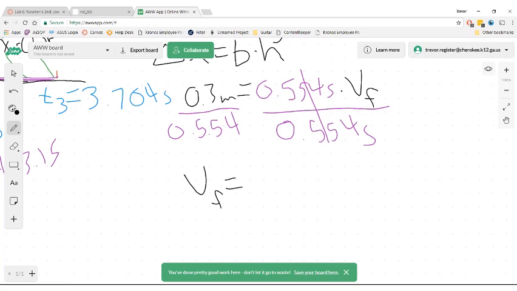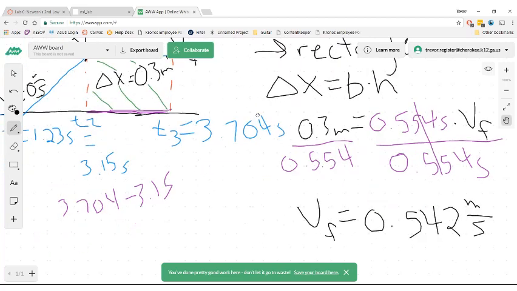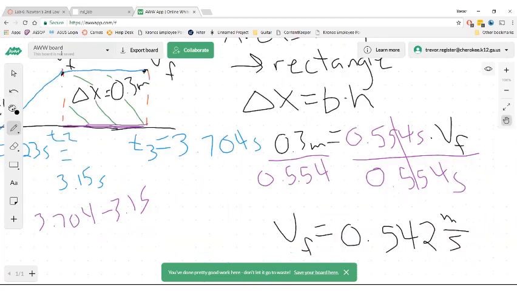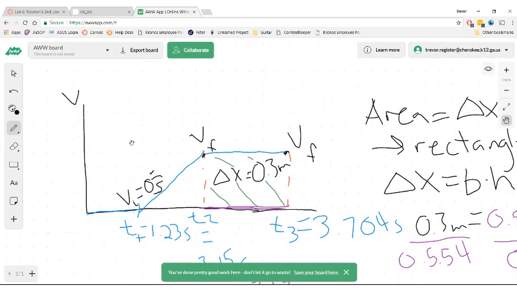And when I plug that into the calculator, let's try that again, 0.3 divided by 0.554, I get 0.542 meters per second. Okay, so I'm going to go over here, put this on my graph, and so that's 0.542 meters per second. Okay, now we're almost done because I need to use this information to get the acceleration.